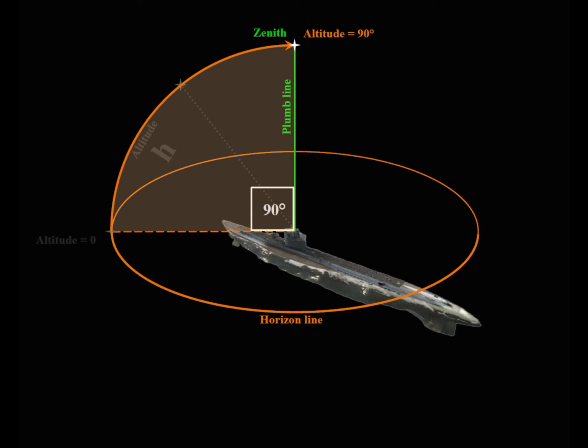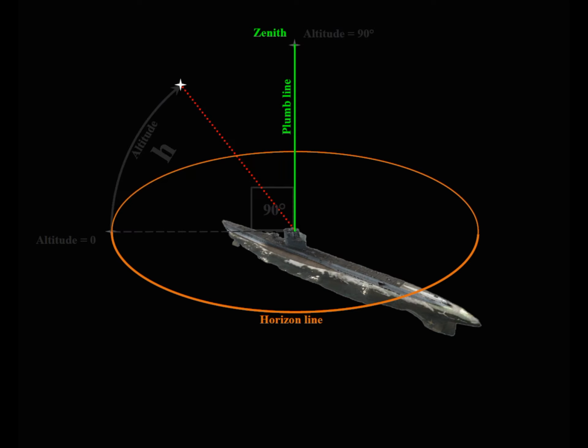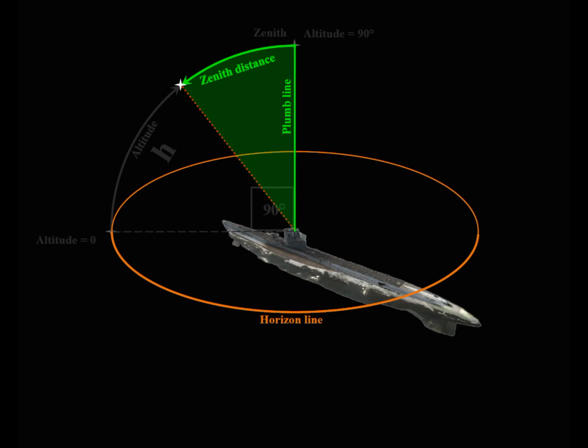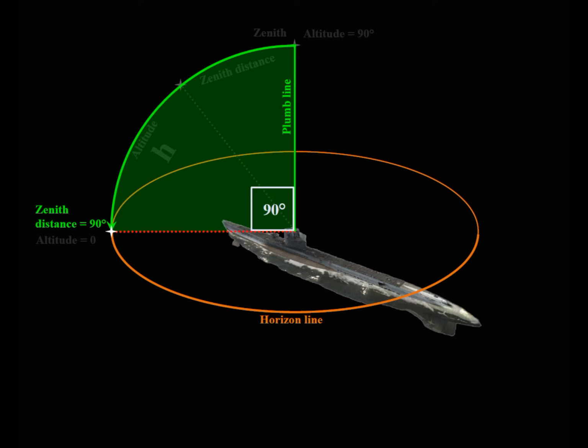If we count the position of a celestial body not from the horizon but from a plumb line, then the celestial body and the plumb line form an angle called the zenith distance. The zenith distance of a celestial body that lies on the horizon is 90 degrees. The zenith distance of a celestial body at the zenith is 0.